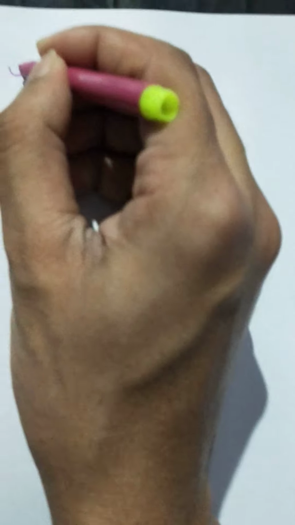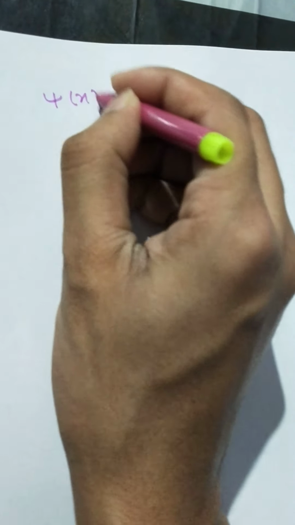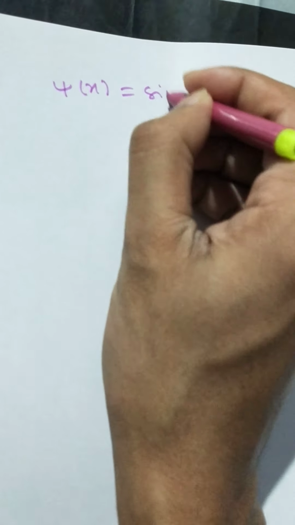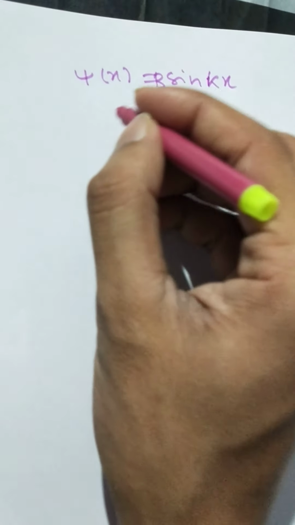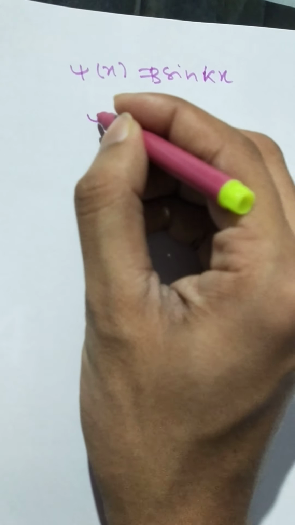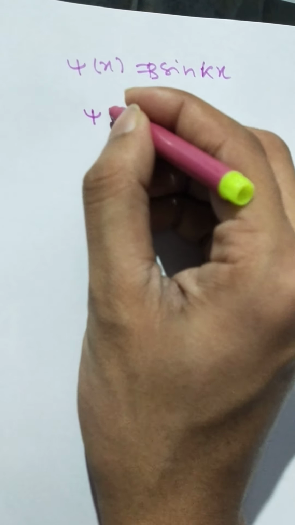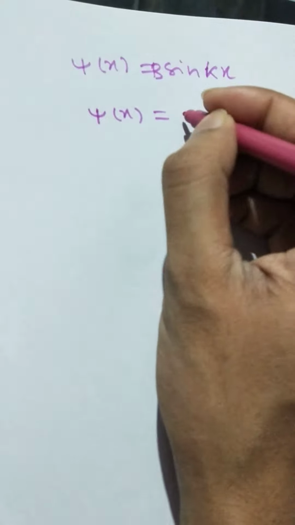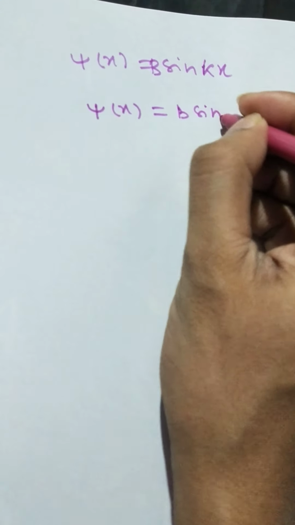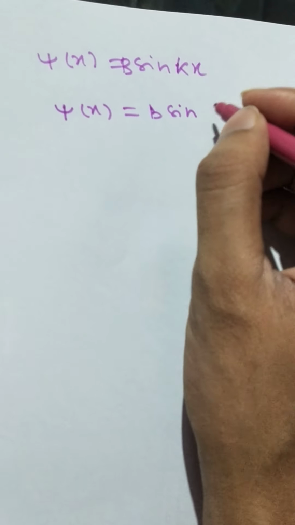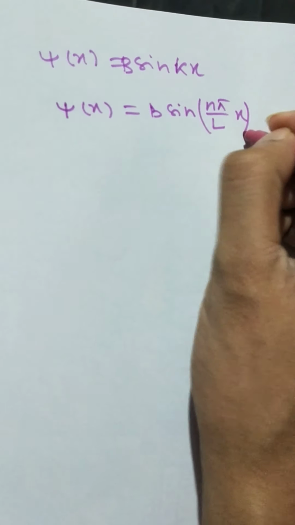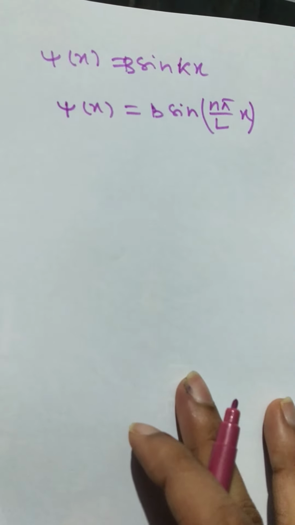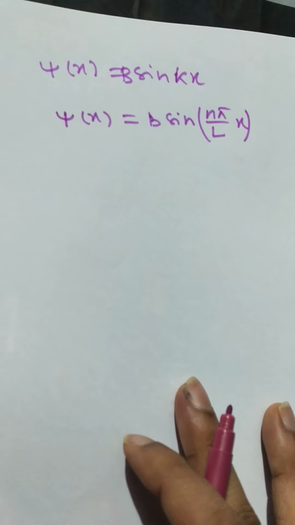Now psi of x equals b sine kx, because a equals 0. Instead of k we put n pi by L, so psi of x equals b sine n pi by L into x. This is the equation.